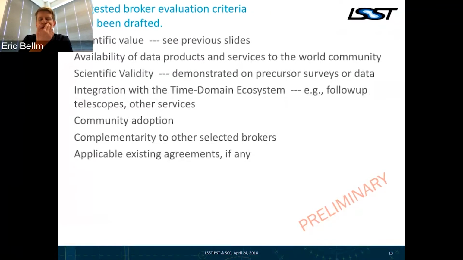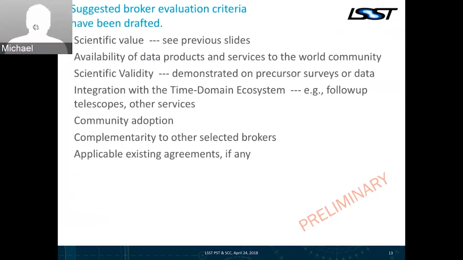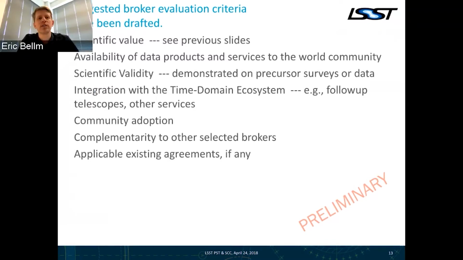So the criteria that we suggested, and again, these will be blessed, I think, by the appropriate bodies in due time, is again just making sure that the proposers are adding scientific value. Again, we'll encourage selection of brokers that are serving their products to the world community.